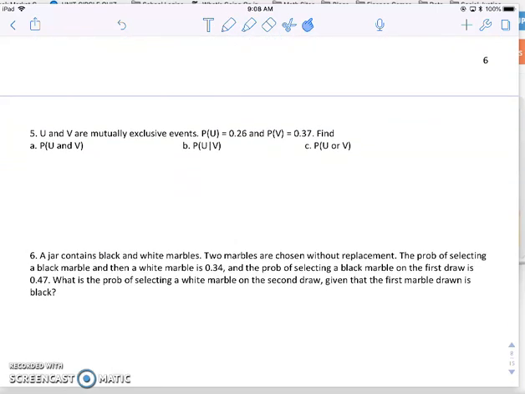Number 5 here. U and V are mutually exclusive. So mutually exclusive, so they don't have any overlap. So we have 0.26 and 0.37. So we have U and V. What is the probability of U and V happening? Well, they're mutually exclusive, so it's 0.